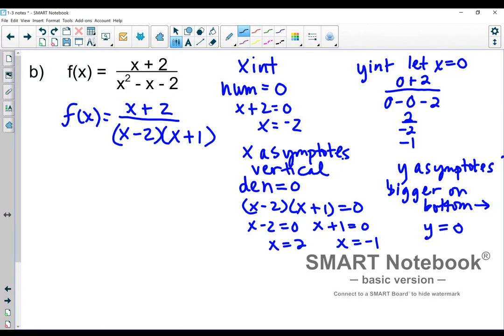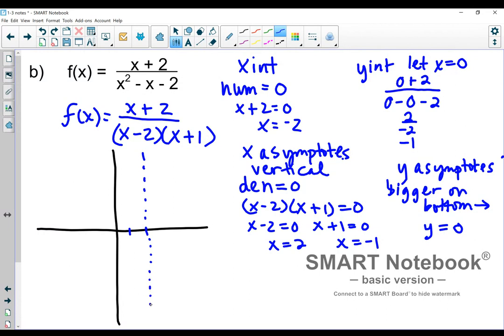So I'm going to go ahead and draw some axes. And I'm going to plot the stuff I have. So I have asymptotes. Let's start with my asymptotes. So I have a vertical asymptote at 2. All right, I got that. I have a vertical asymptote at x equals -1.